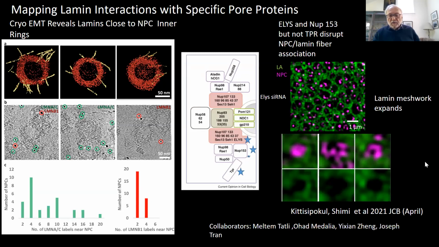To some extent, we also see this with NUP153, but in fact, most of the association appears to be with ELYS, which we know is a primary component in assembling the nuclear pore complex. So in this way, we're mapping the structural interacting sites between pores and nuclear lamins.